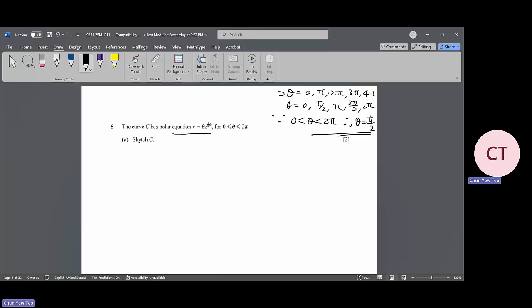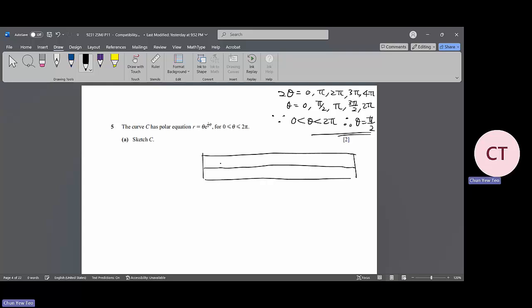They ask us to sketch C. So usually we will draw a table. Just need to put in the necessary values of theta and find the r. So we can start from 0, then pi over 2, then pi, then 3 pi over 2, then 2 pi.